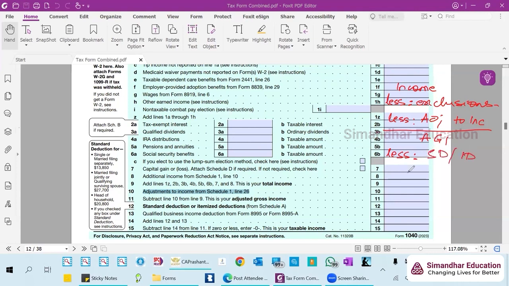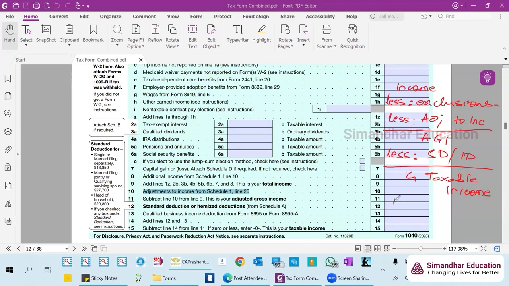After deducting that, you will not get qualified business income. We'll get some sort of gross taxable income. That's the reason they didn't write it, but just for our understanding, let's say some gross taxable income.